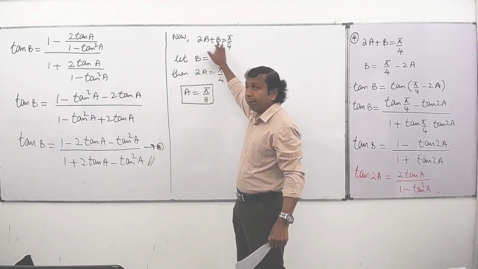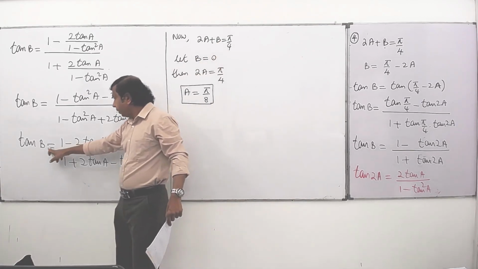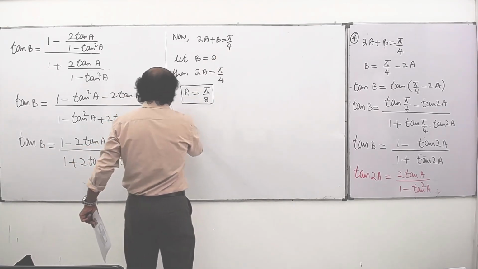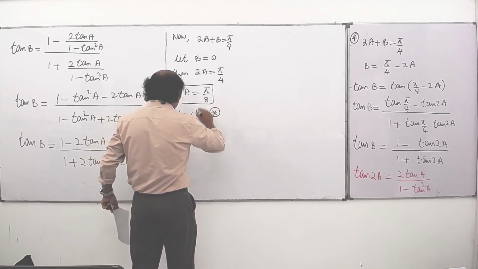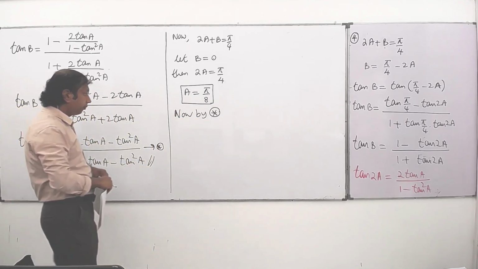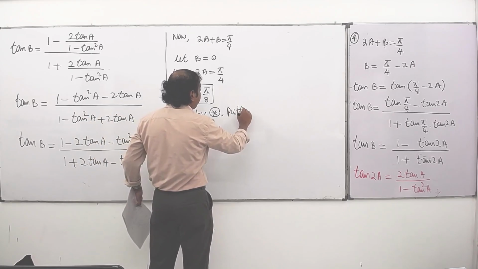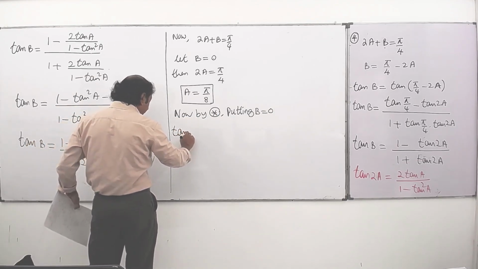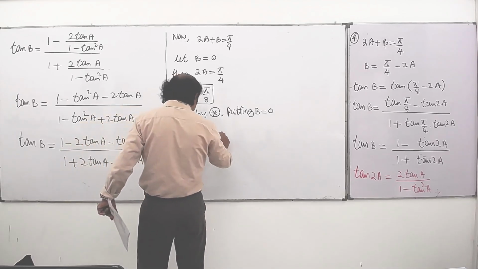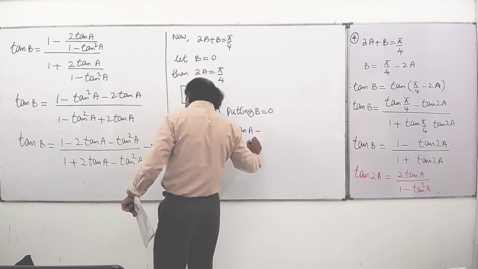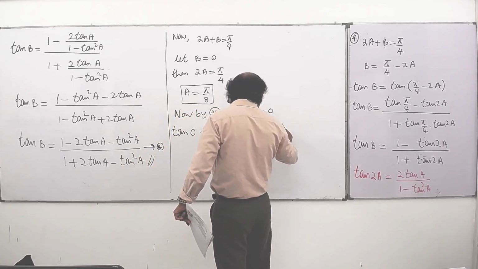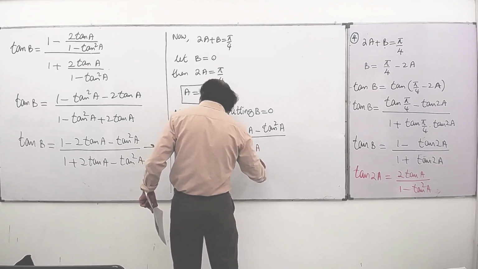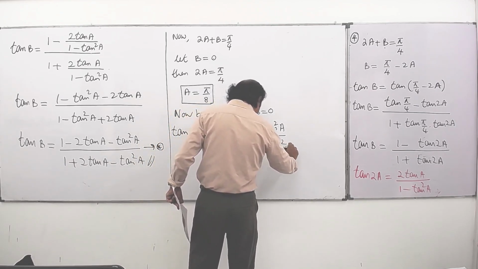Then we put here B equals 0, since the same B we have here, I can put 0 for this B. Now by star, when I put B equals 0, we get tan 0 equals 1 minus 2 tan A minus tan squared A divided by 1 plus 2 tan A minus tan squared A.